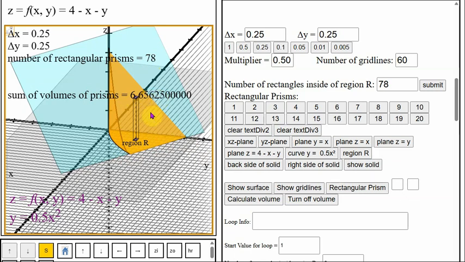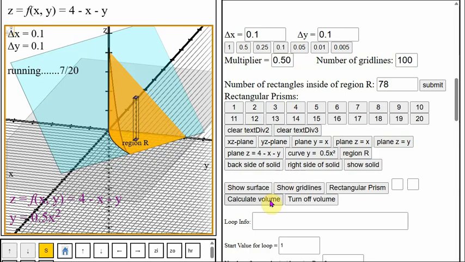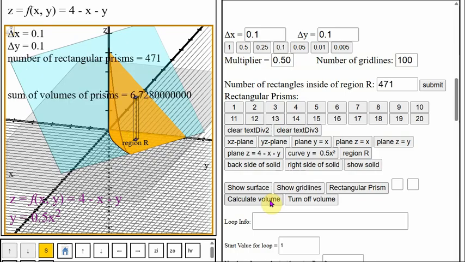And then now I'm going to make delta x and delta y, or the length and the width of each rectangle, even smaller at 0.1, and then calculate the sum of the volumes of the prisms, which is 6.728 when the length and the width of each rectangle is 0.1.